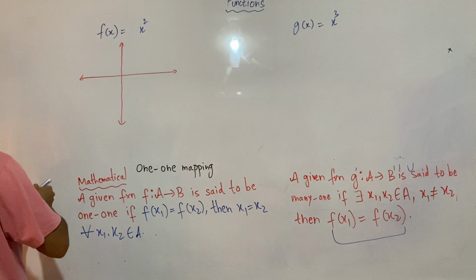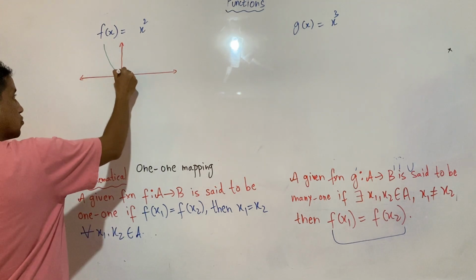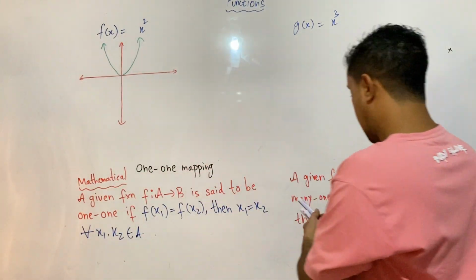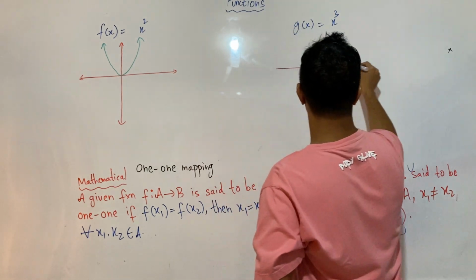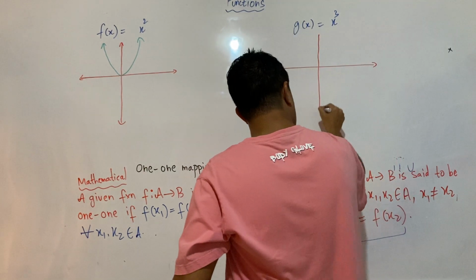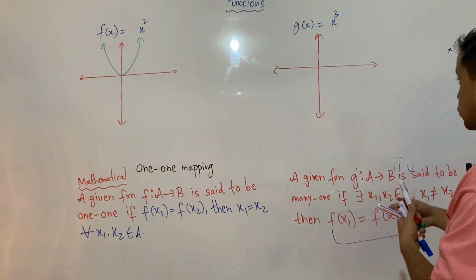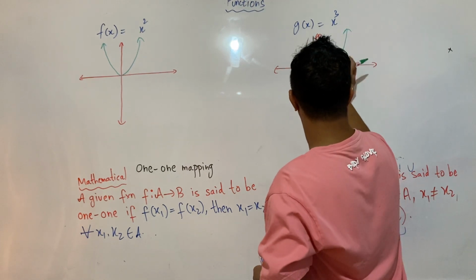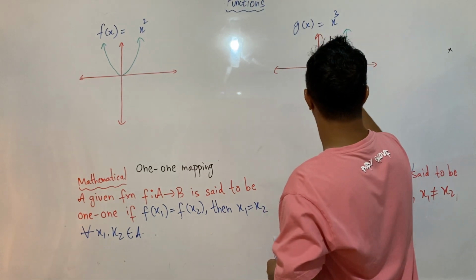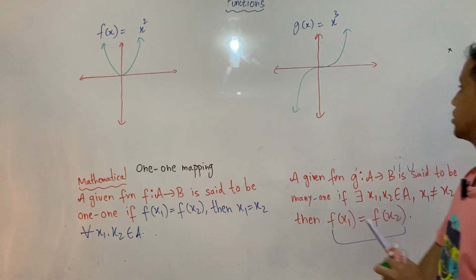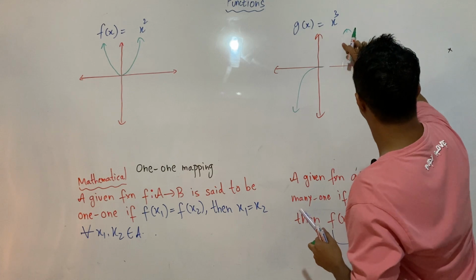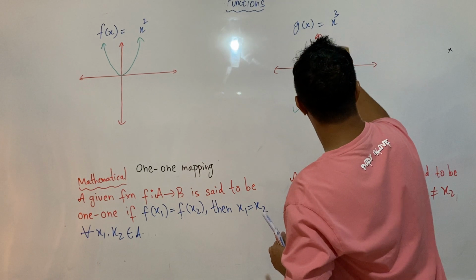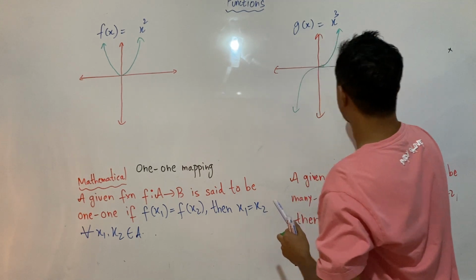So it's going to be something like this. And here I have the cubic function, x cube, and the curve for the cubic function is going to be something like this.